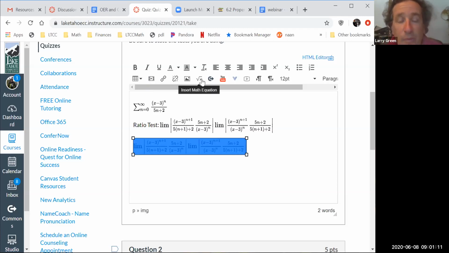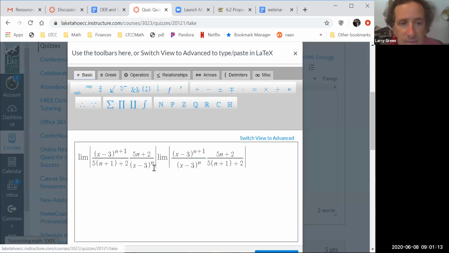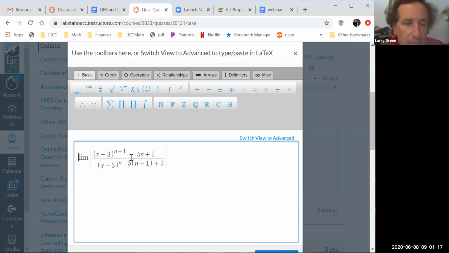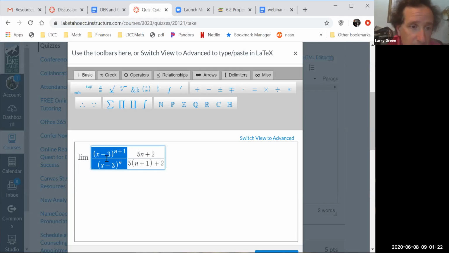Now we can simplify a bit, and again these x minus 3's go away, and you just get the absolute value of x minus 3.